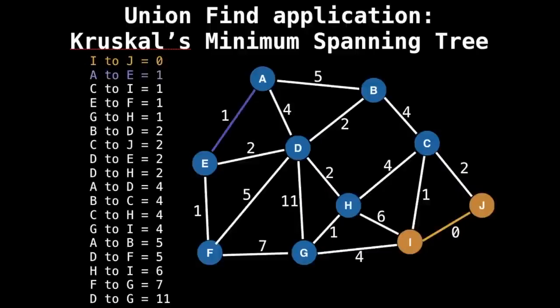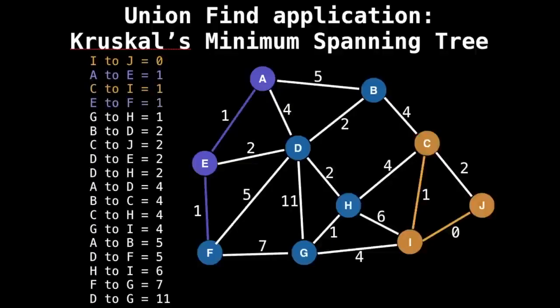Next is edge A to E. A and E don't belong to any group, so I'm going to unify them together into group purple. Next is C to I. I belongs to group orange, but C doesn't have a group yet, so C can go into group orange.